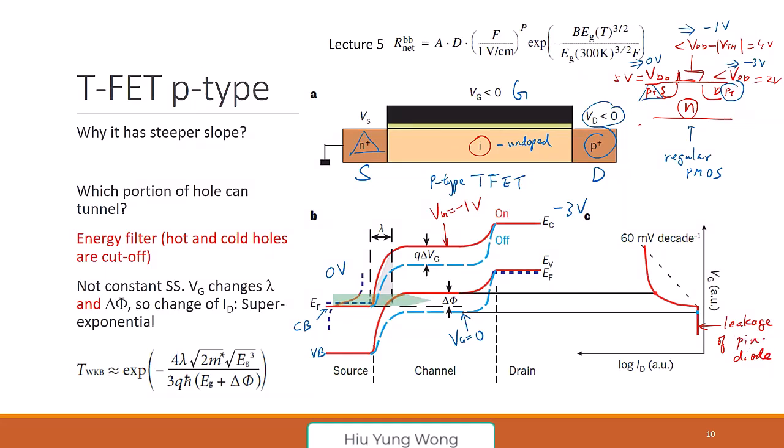Very small. How about when I increase the gate voltage to -1? Do I have current? Not until that's equal to VT minus VTH. VTH is something for the circuit designer.